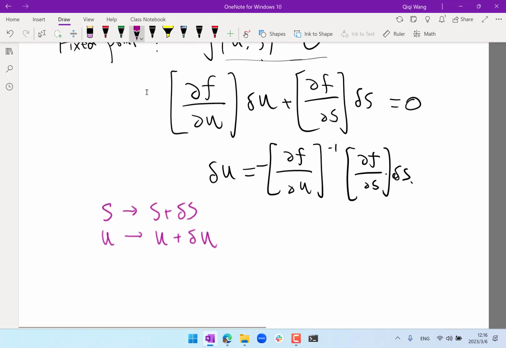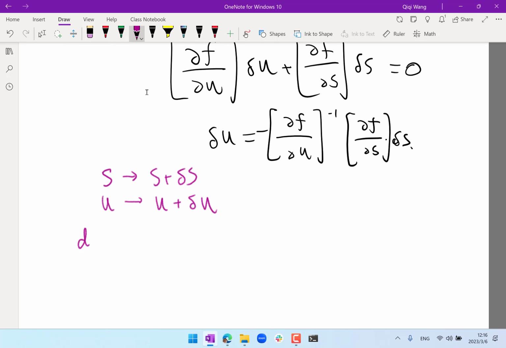If you look at the time derivative of u plus delta u, it has two components: du/dt plus d delta u/dt.